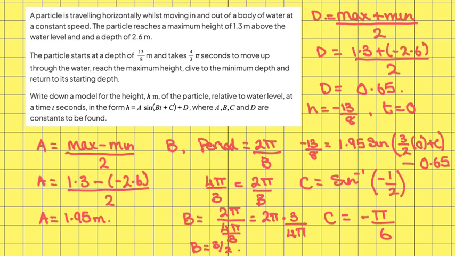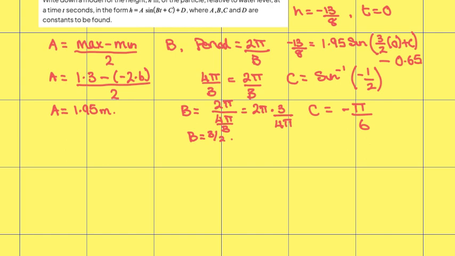That means we can now construct our formula. If we move everything up, therefore we get that h is equal to 1.95 sine, 3t over 2 minus pi over 6, minus 0.65.